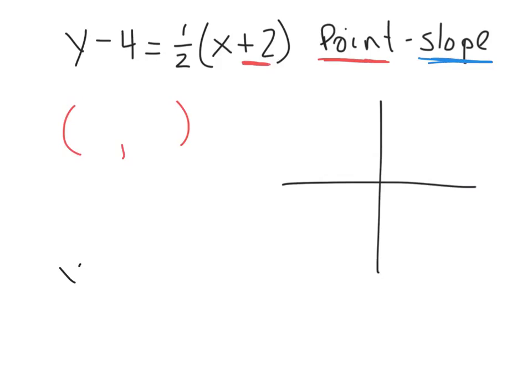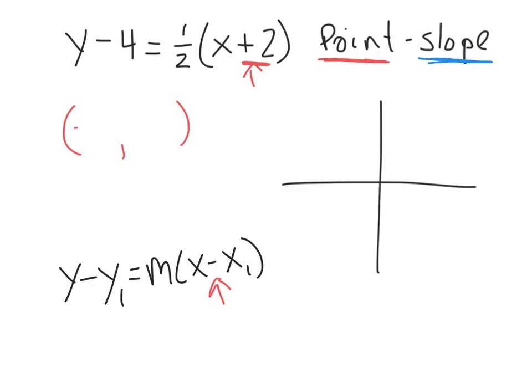Since in general, point-slope form looks like this, the positive 2 that we see right here means we actually have x minus negative 2 to get the minus sign as we have in this form. So we're going to put a negative 2 in for our x coordinate.